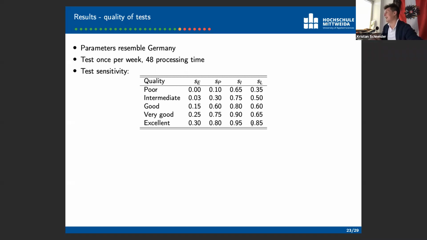The excellent test is actually the sensitivity that is realistic now, by the way. I mean, these tests are getting so much better. Meaning in the latent phase, 30% sensitivity, and then it goes up to 95% sensitivity. Those would be the numbers that are realistic. And now let's see what we have.